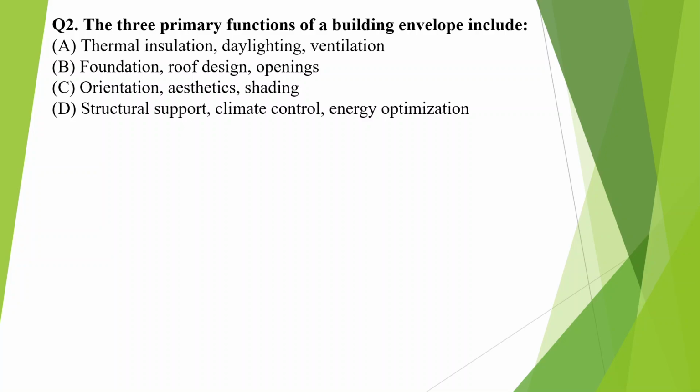These are all sub branches of energy optimization, because overall, if you're getting day lighting from an outside source, solar or natural, then overall your energy is minimized or optimized. Thermal insulation has the same function. So all are sub branches of energy optimization.